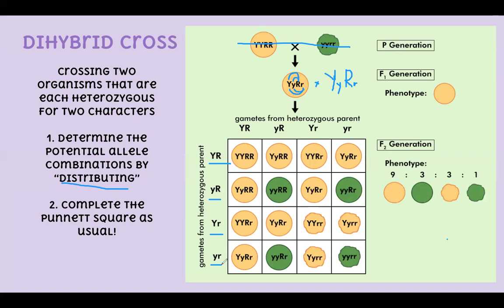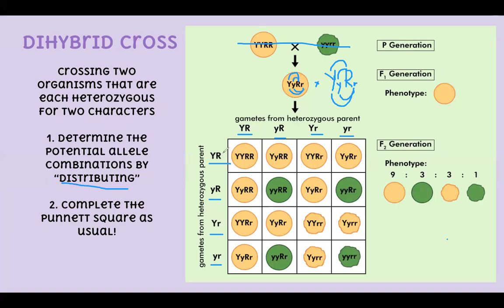I just distributed. We would do the same thing for the second parent. Big Y, big R. Big or little y, big R. Big Y, little r. Little y, little r. Like that. And that's how you set up your Punnett square. Then you go through and you solve.